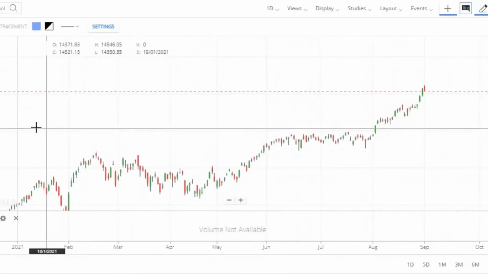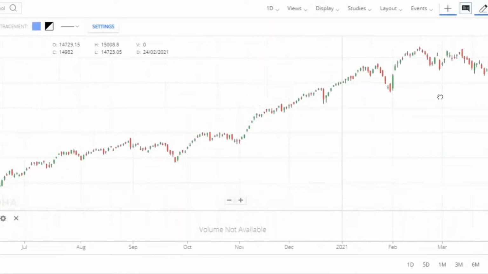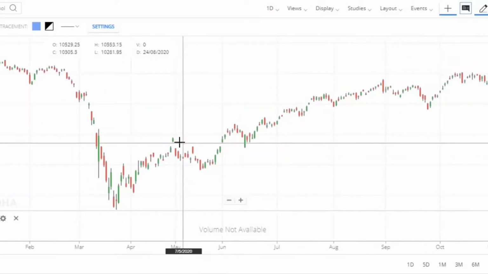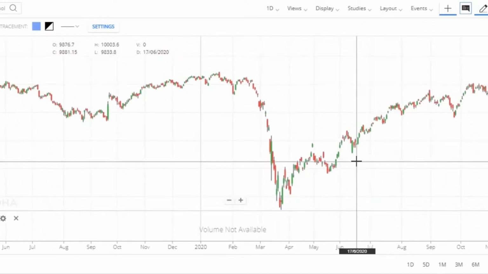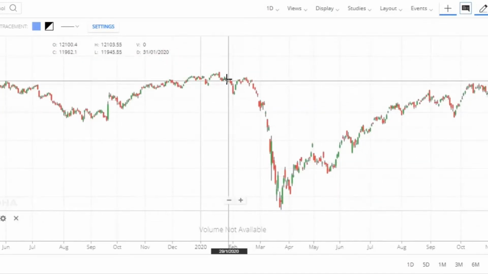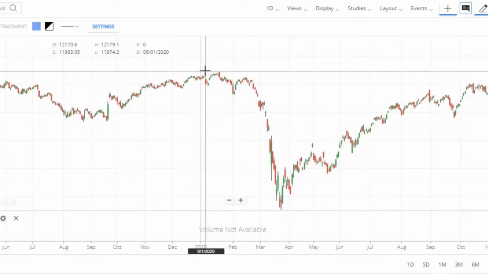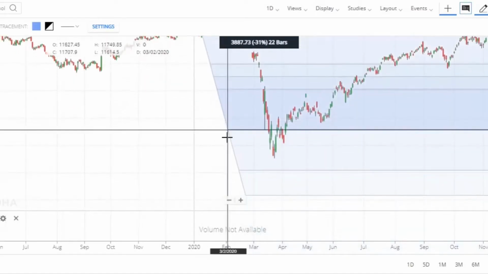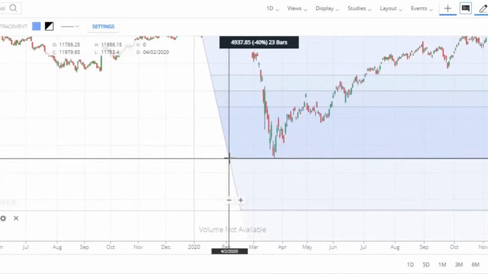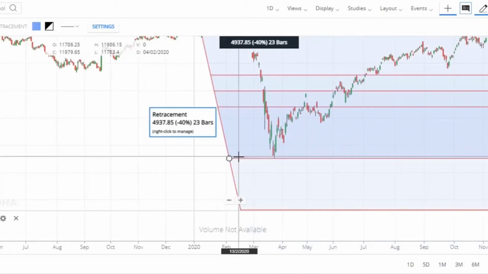So Fibonacci again, this is the Nifty 50 chart, and you all remember the Nifty 50 fall of Corona. So let us go there and see what happened. So we had this as swing high and this as swing low. It all happened very fast.